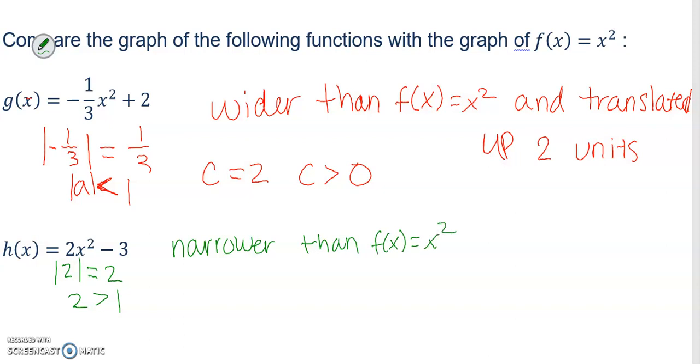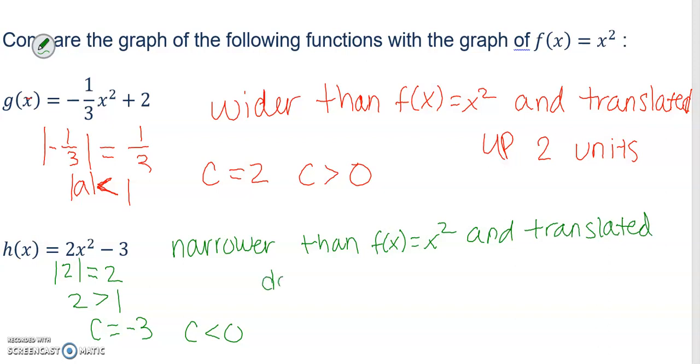Now we're going to look at our c value. So c equals negative 3, and c is less than 0. So it's going to be translated down three units.